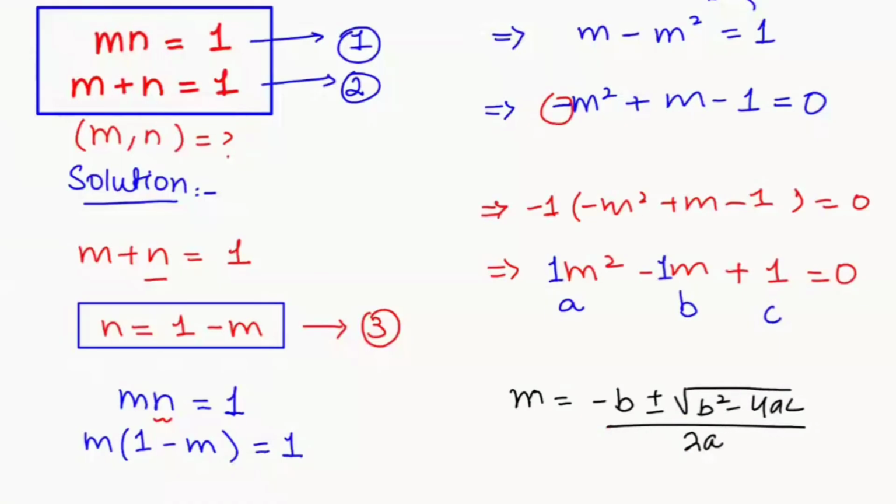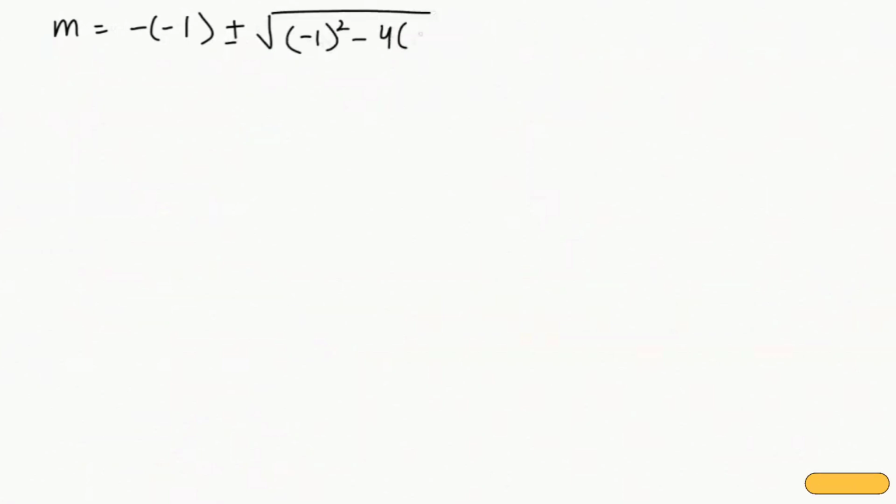Now I'm going to plug in the a, b, c values here. m equals negative 1 plus minus root of negative 1 whole to the power of 2 minus 4, with a positive 1 and c positive 1, over 2 times 1.